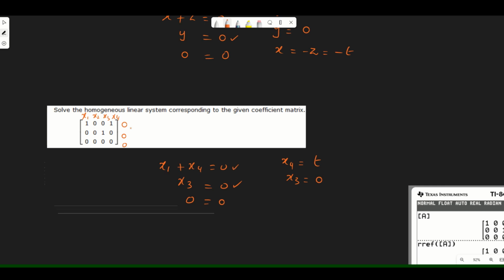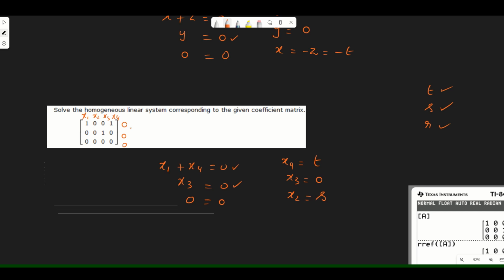Now I do not have any equation in terms of x2, so I have to take a parametric value for x2. Since t is already taken, the next one will be s. So always take the parameters in this order: t first, then s, and then r. So I started with t.